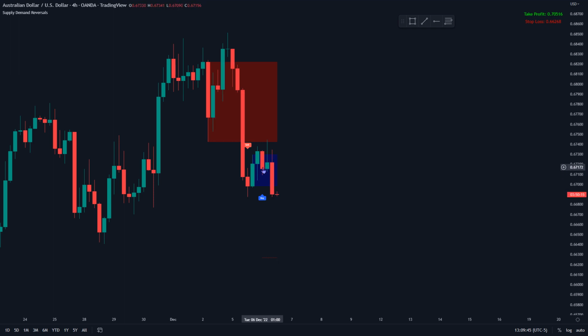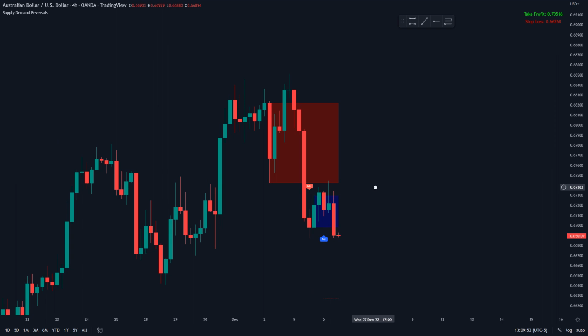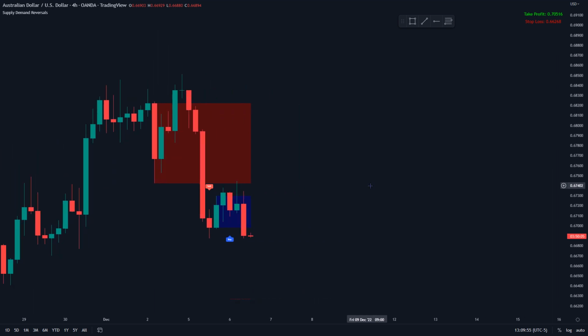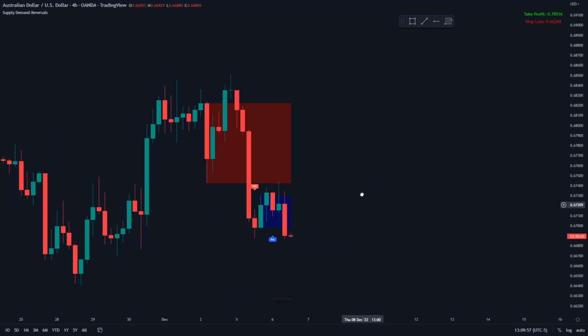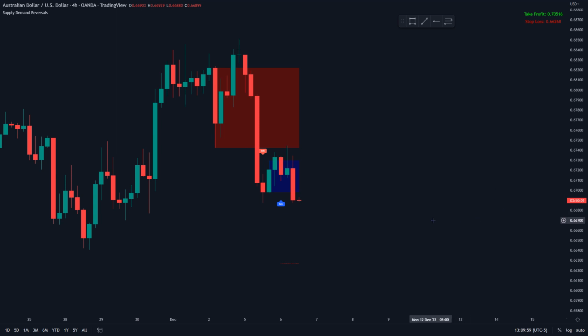Right now this is going to be a relevant zone for a buy, even if it breaks above it and invalidates the supply zone. But we're just going to dissect some of this price action and go over some ways you can use this.